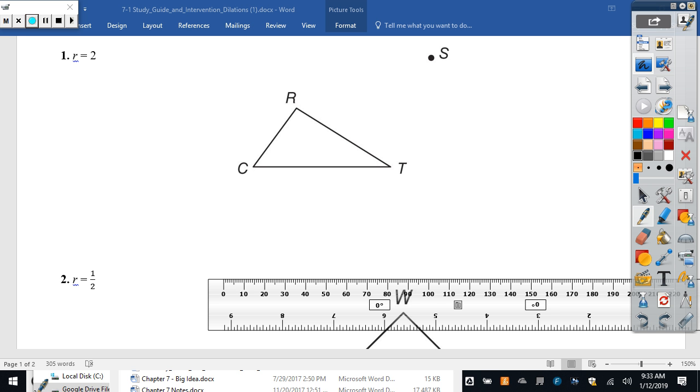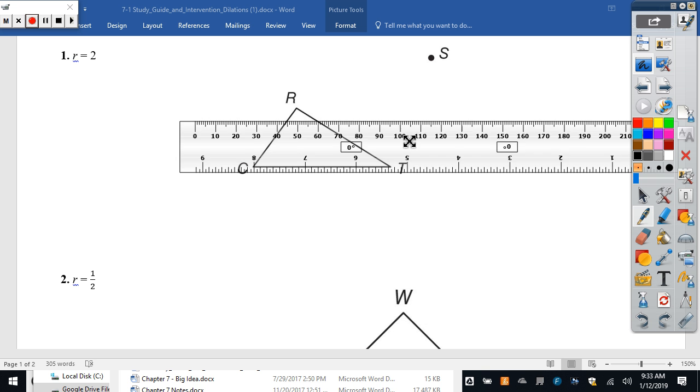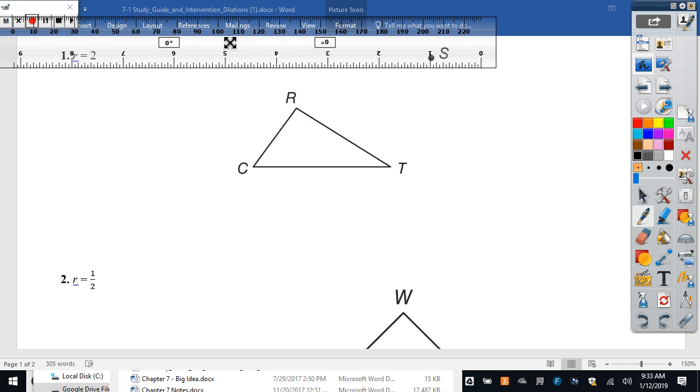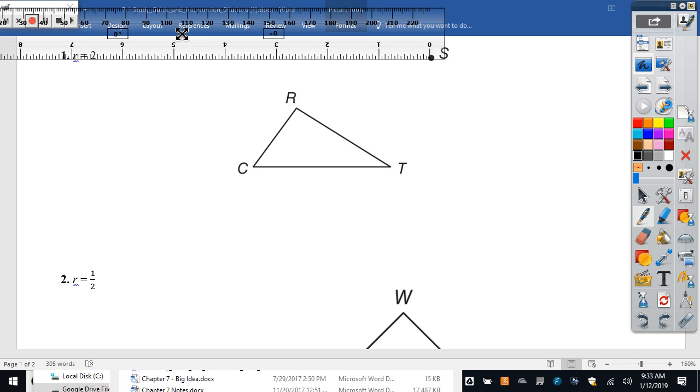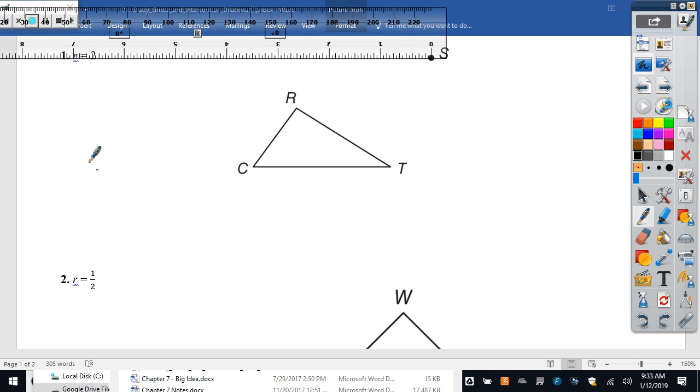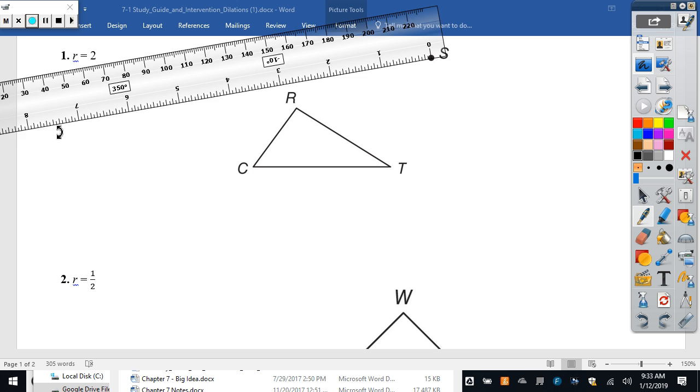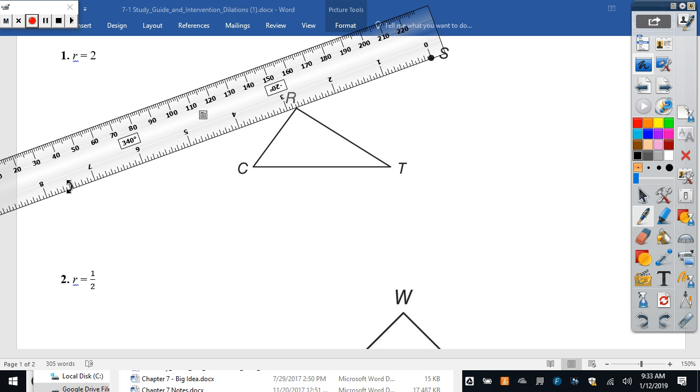Now, with your straight edge, you are going to want to draw, and I'll use terms artistically here, your lines from your vanishing point, or the center of dilation, through each of the vertices here. So if I do that, I've got one line right there through R.